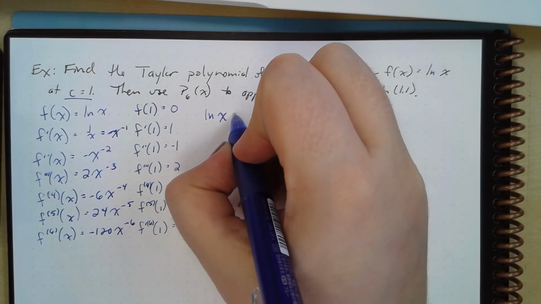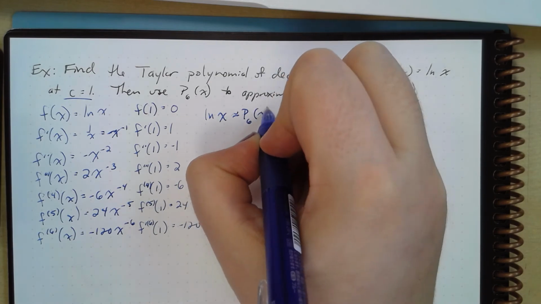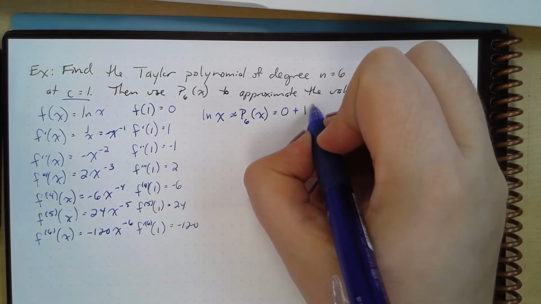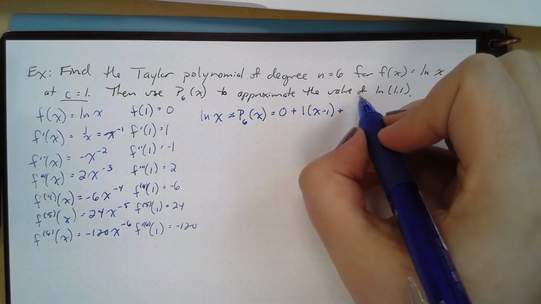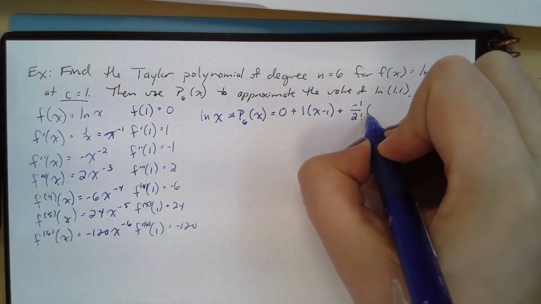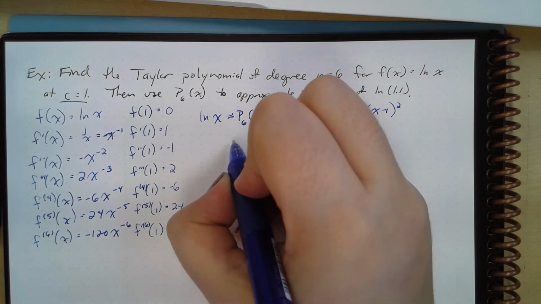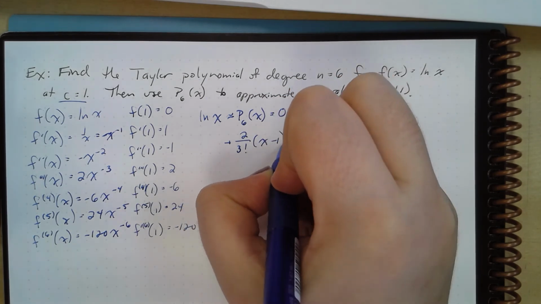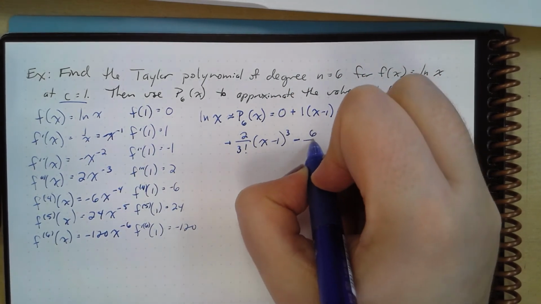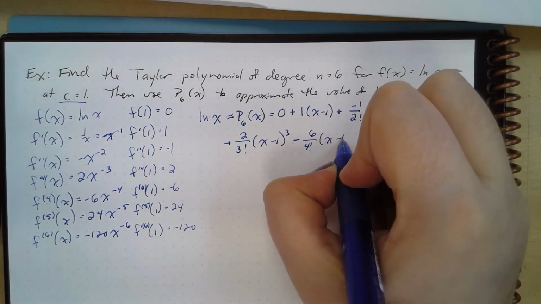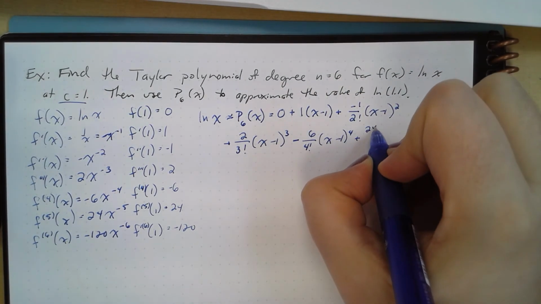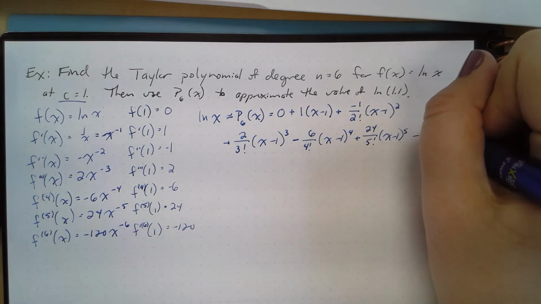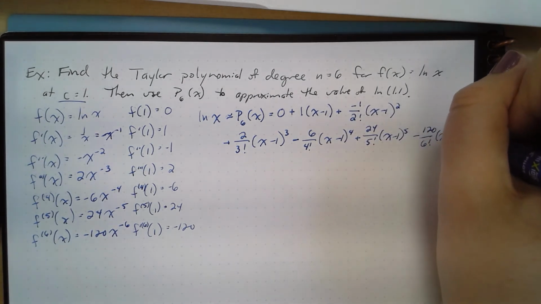So ln of x is approximately p sub 6 of x, which is equal to, okay, 0 plus 1 times x minus 1 plus negative 1 over 2 factorial times x minus 1 squared plus 2 over 3 factorial times x minus 1 cubed minus 6 over 4 factorial times x minus 1 to the 4th plus 24 over 5 factorial times x minus 1 to the 5th minus 120 over 6 factorial times x minus 1 to the 6th.